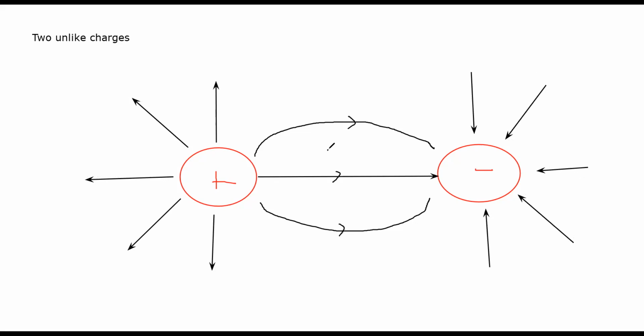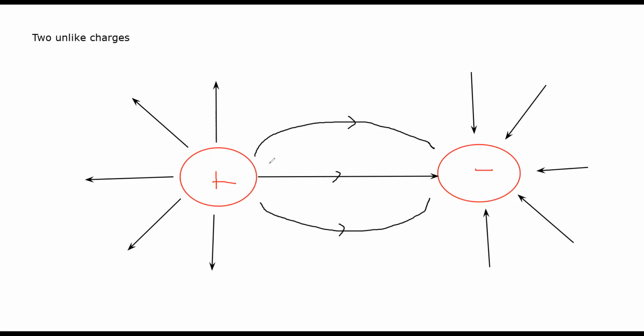So if we have a proton here, it will move in this way. But if we have an electron, it will move in the opposite way. The direction of the electric field is always the direction in which positive charges experience force or move. So if you have unlike charges, two opposite charges, the direction is from positive to negative.